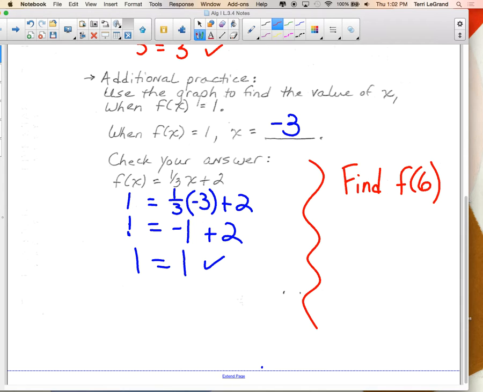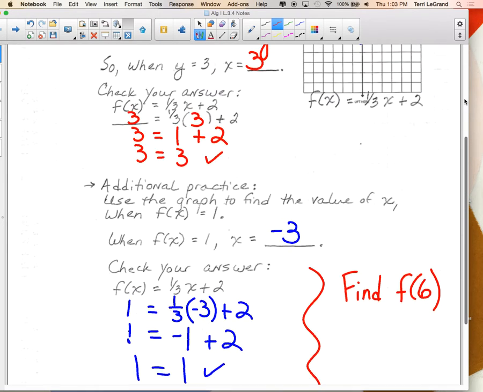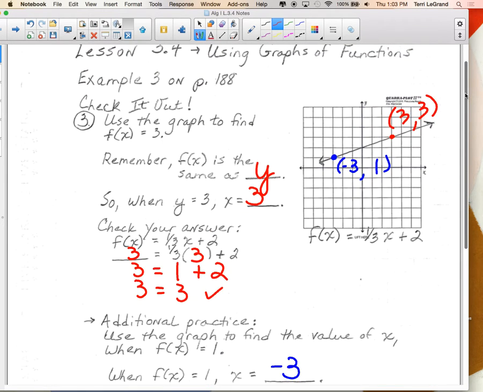See if you think you know what you gotta do to do that. Okay, who thinks they know what f of 6 is? This is our f of 6 value.